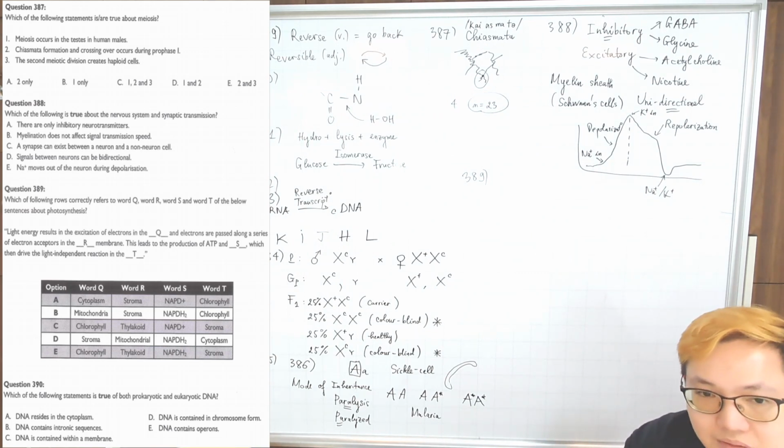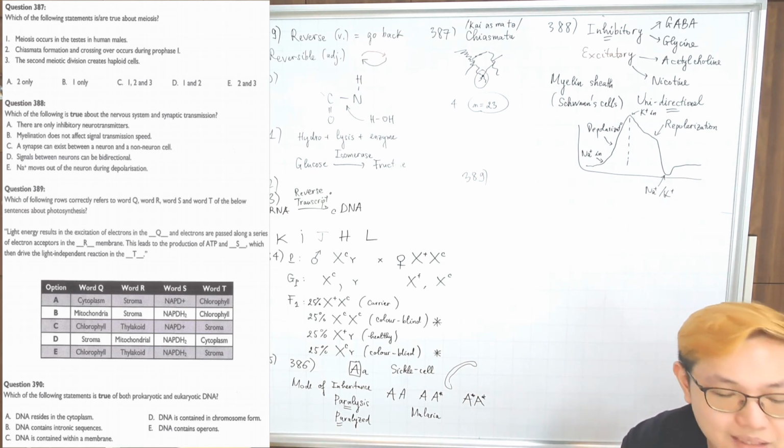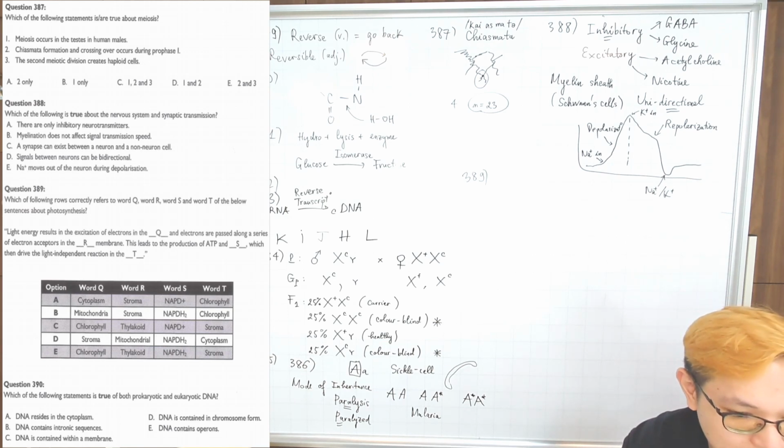You need something that has H already to give that hydrogen into the light independent reaction. So that's why it's NADPH2. So answer E is the correct one.